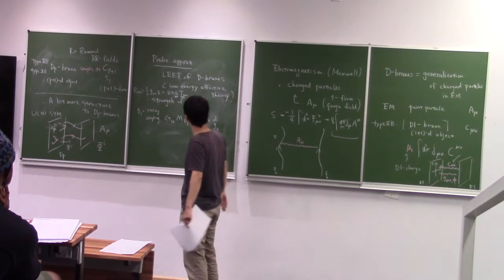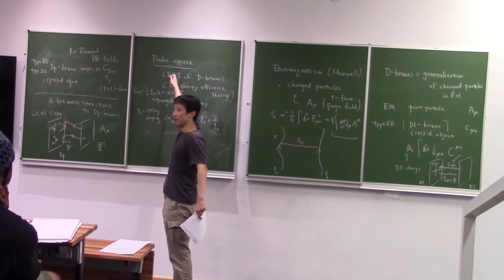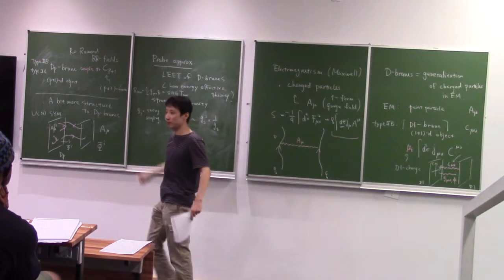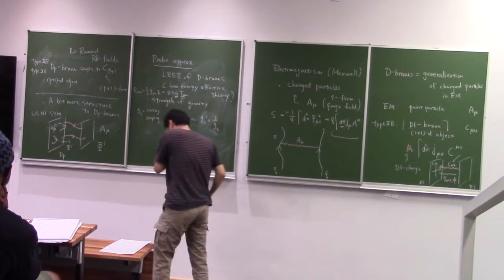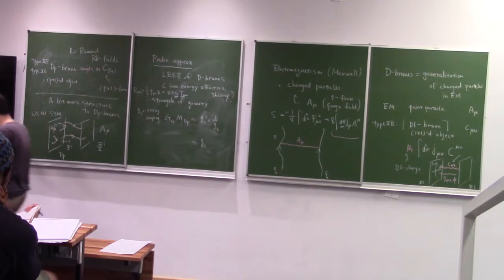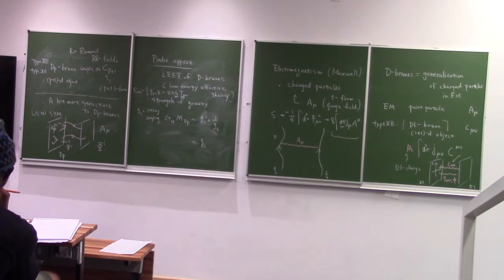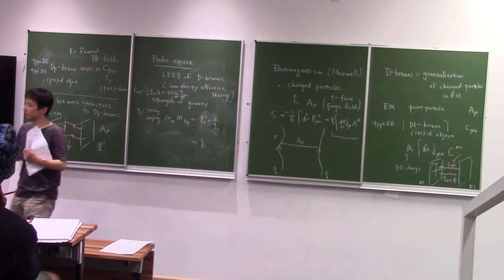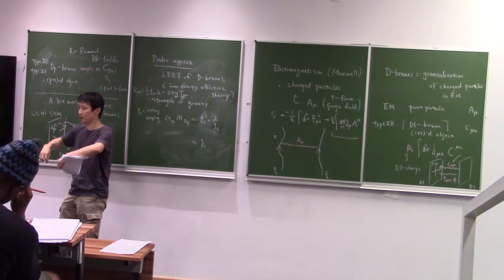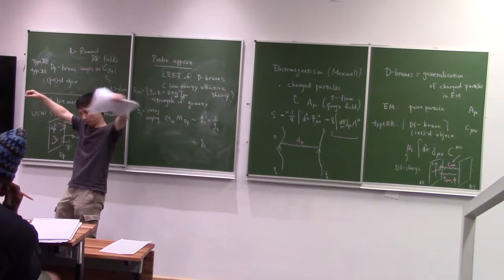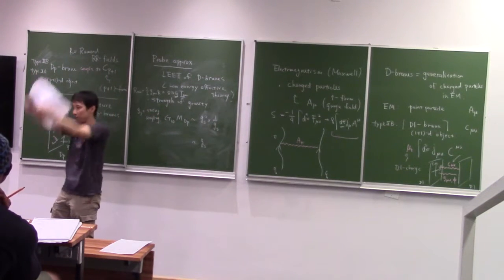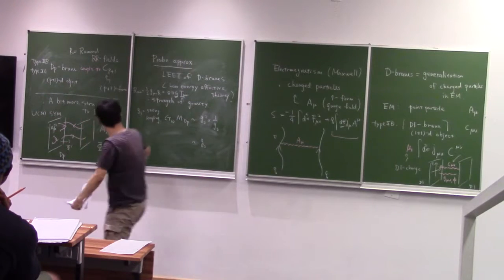That's when you can approximate D-planes. If you really try to analyze D-planes, you actually have to consider the effect of the curved spacetime, because it makes the spacetime curved.